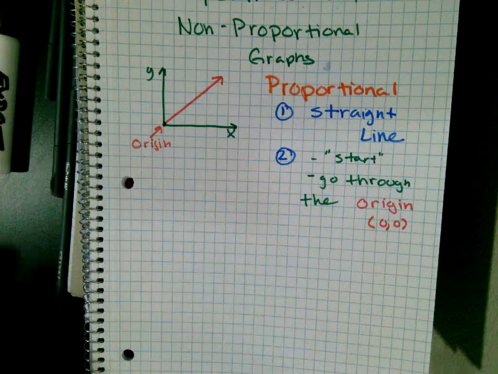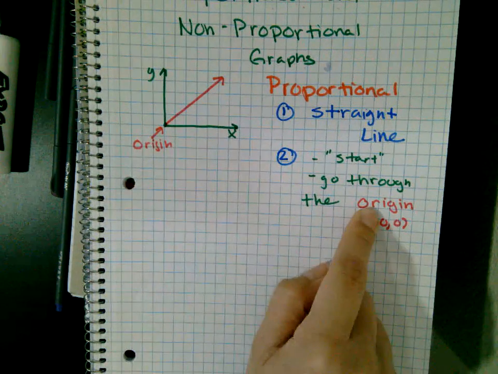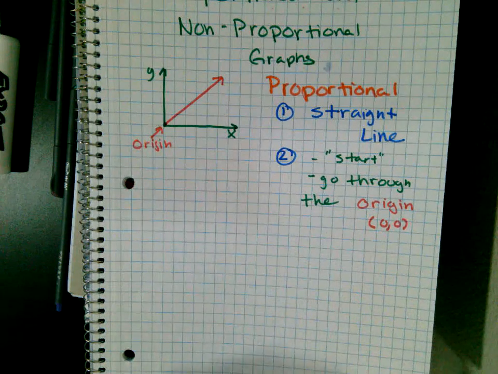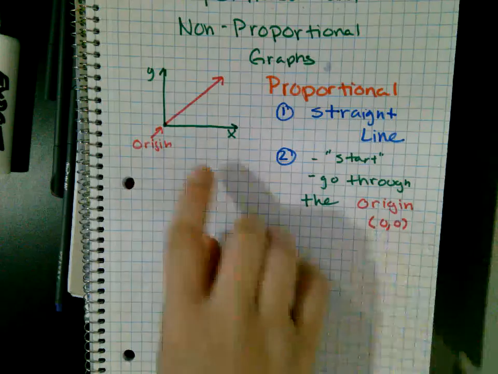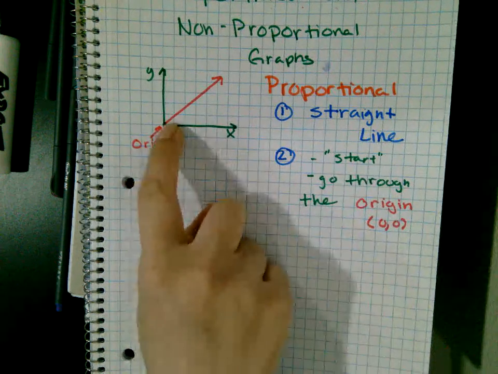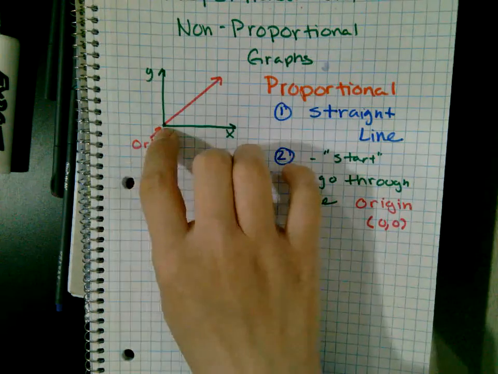So 0, 0 is called the origin. And your line has to either start right there at 0, 0, or it has to go through it. Like if we extend this line, it goes through it.